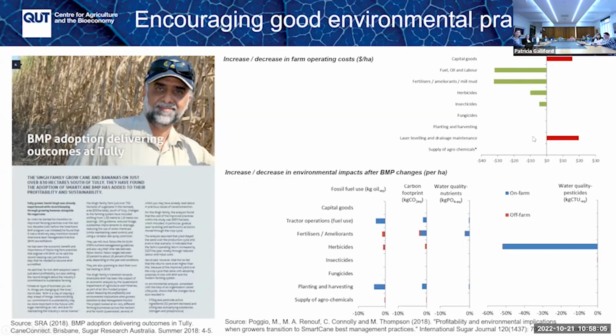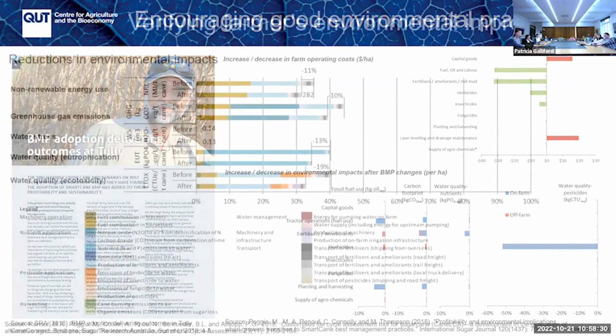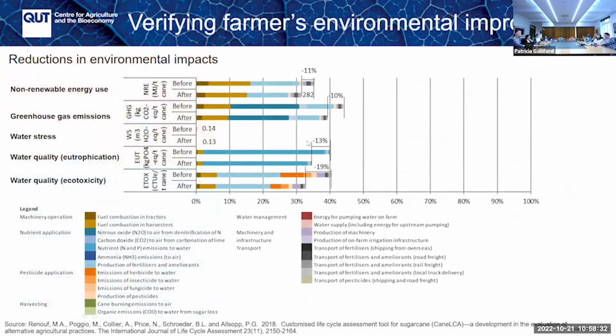So we've presented here how farm operating costs have either decreased or increased, and the trade-offs across those, and then for each of these environmental indicators, how much generally we're seeing reductions in impacts across the board. So generally we're seeing quite substantial improvements in environmental performance. So it's been a good news win-win story, which the department have found very useful engaging with farmers.